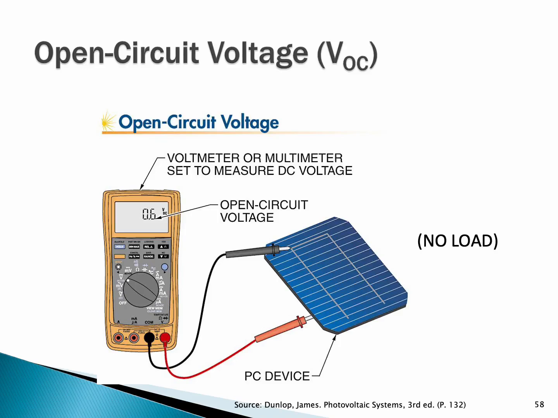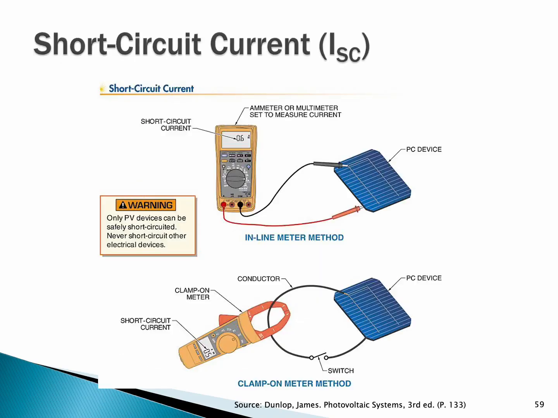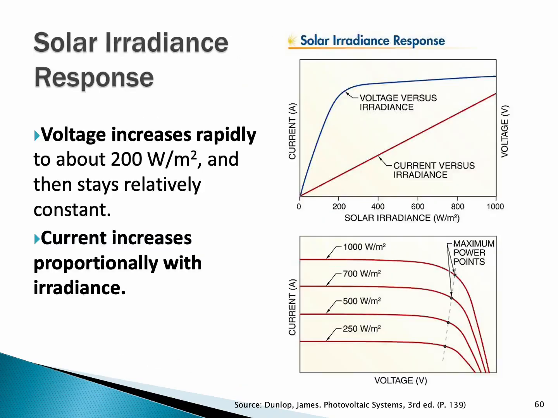We've seen this before. I want to skip over that. VOC, ISC. Here we go. So if we look at the IV curve, current is going to be variable. Voltage is more or less going to be constant. So as we change irradiance, down here we have 250 watts per meter squared, or about a quarter of the potential. At the very top we have 1,000 watts per meter squared, or the maximum potential.